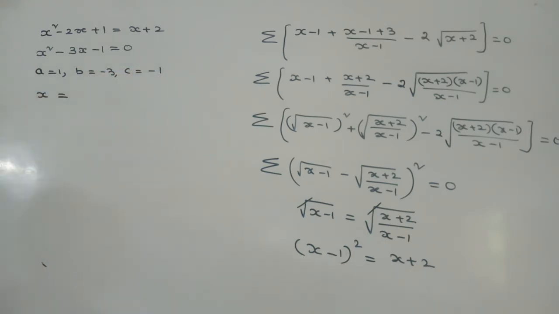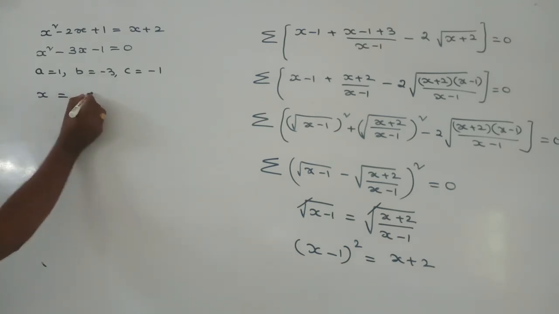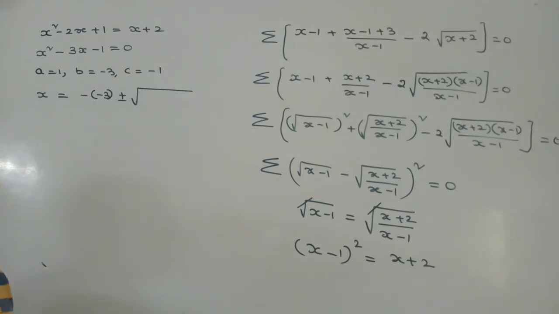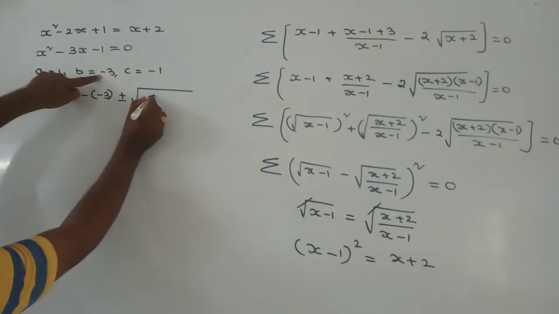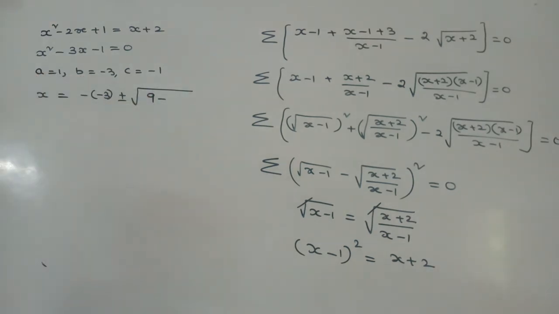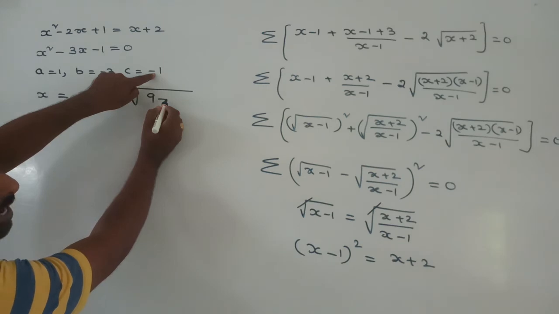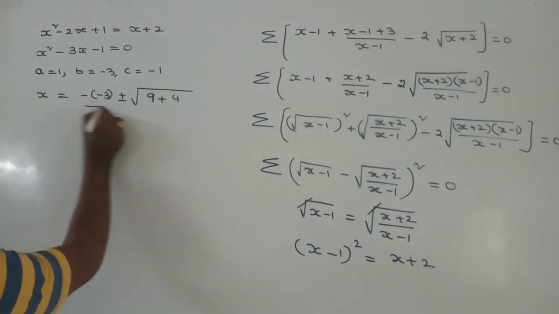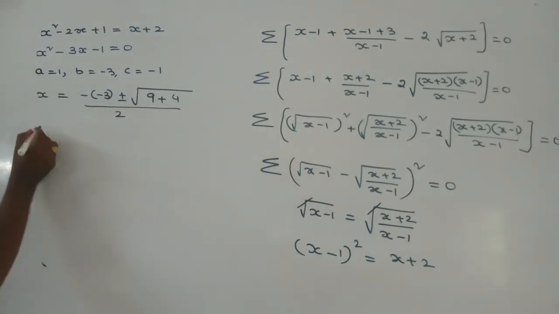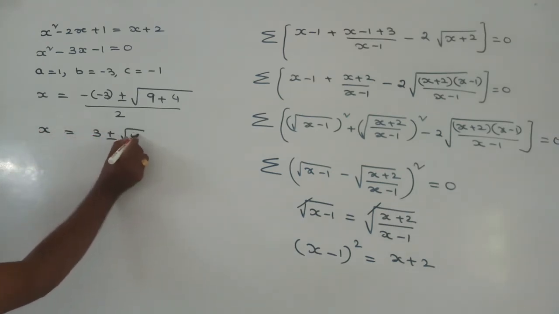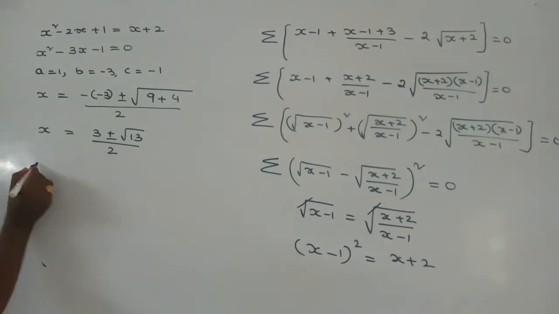So x is minus of minus 3 plus or minus root of 3 whole square 9 minus 4ac, 4 into a value 1, c value minus 1, minus into minus plus, by 2a, 2 ones are 2. x is equal to 3 plus or minus root 13 by 2.